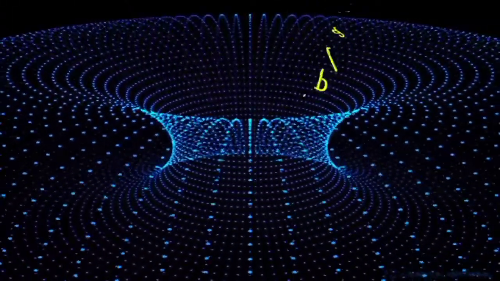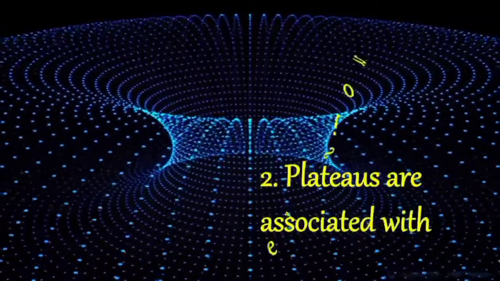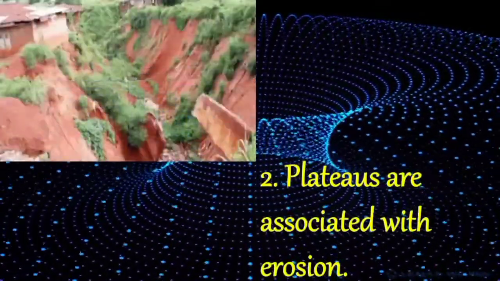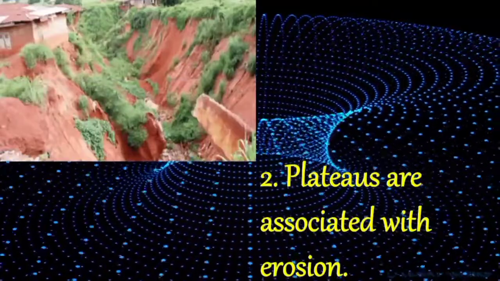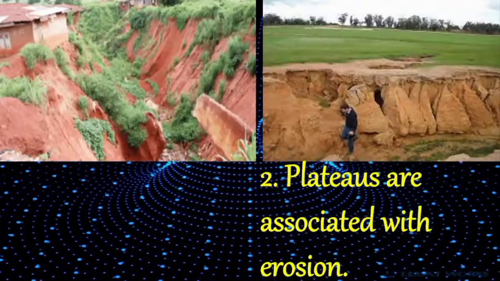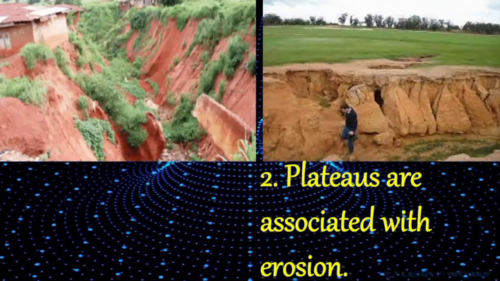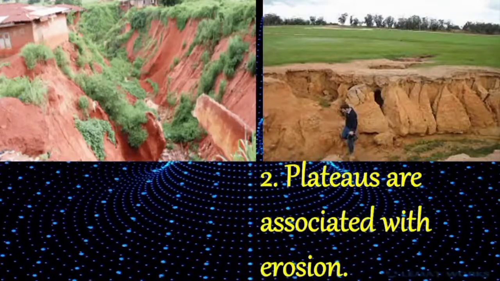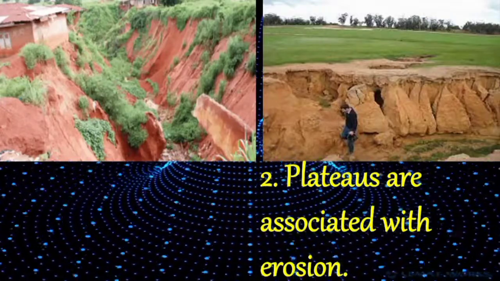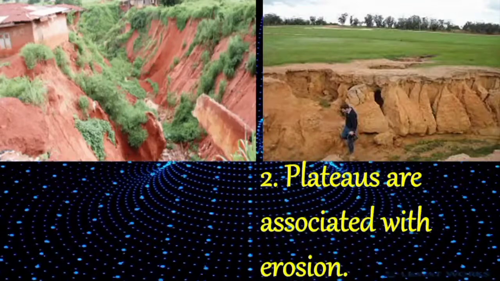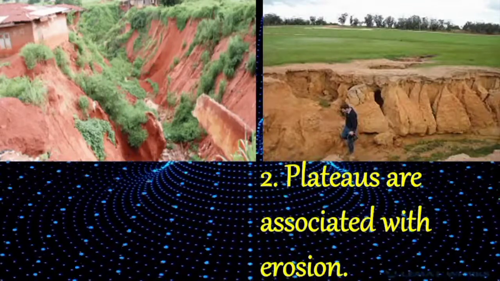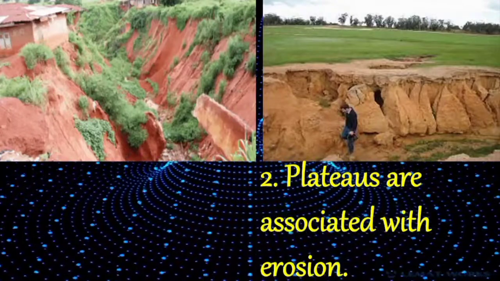Next, we'll say that plateaus are usually associated with erosion. Now, erosion, as we know, has to do with the washing away of the topsoils. In areas where we have plateau, because of the flow of water, they usually wash the soils by the side, thereby making cuts into these roads or sides of the land and leading to erosion.